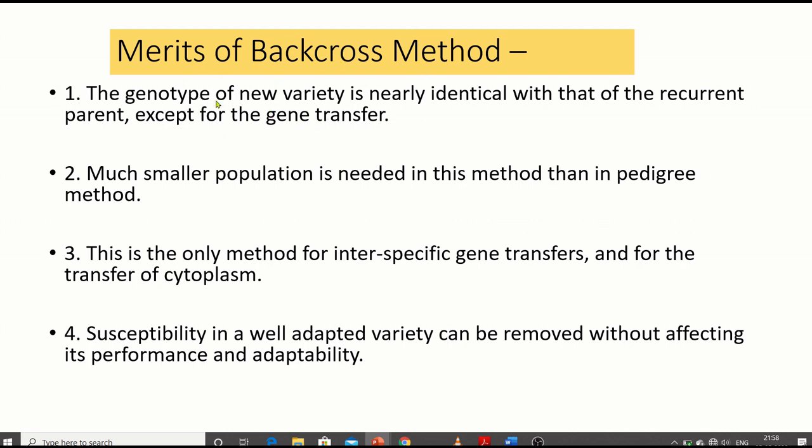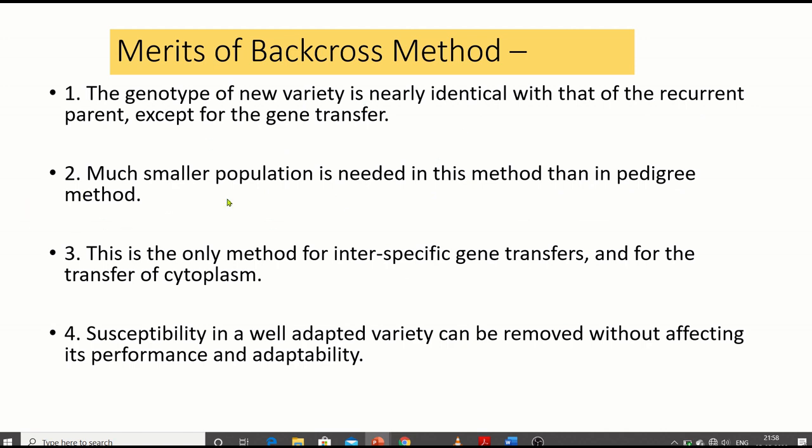So the recurrent parent will retain its yielding character, most of its superior characters, added with the desirable character. Much smaller population is needed in this method when compared to the pedigree method, because we are going to use only two desirable parents and not more than that.